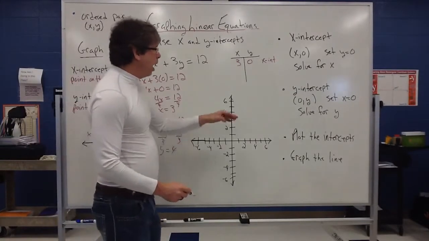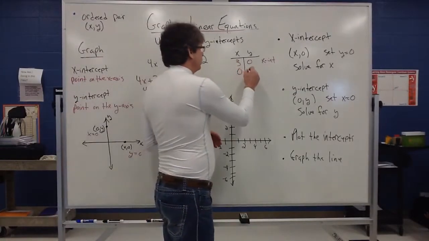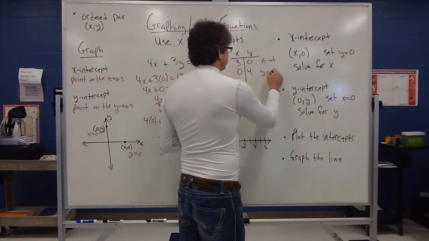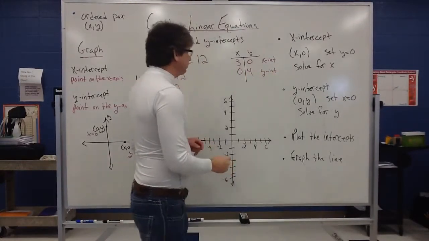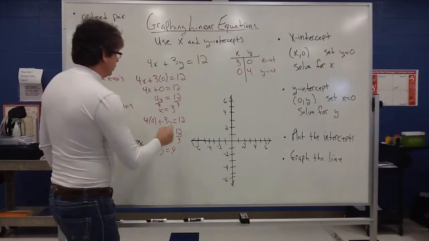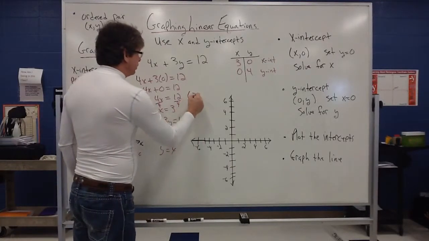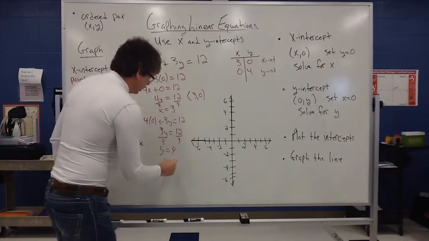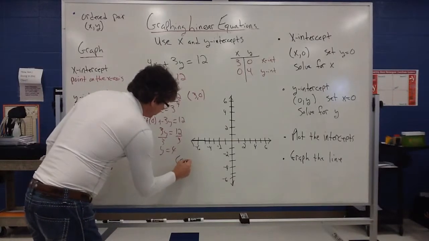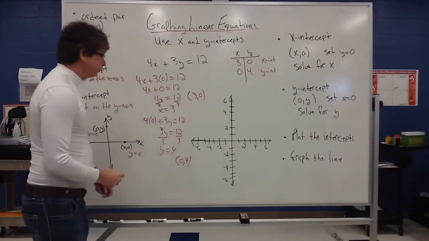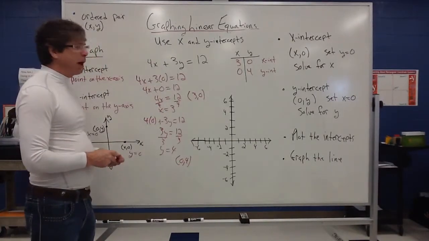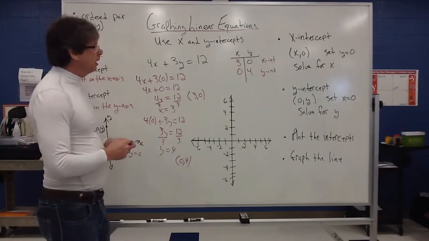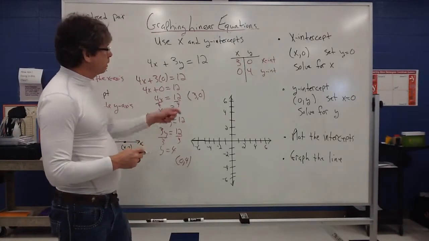So my y-intercept is going to be 0, 4. Again, as ordered pairs, this would be 3, 0, and this would be 0, 4. Those are the coordinates of my intercepts.